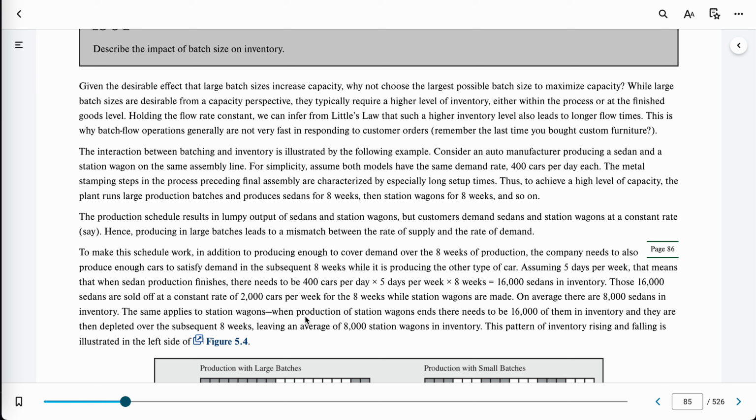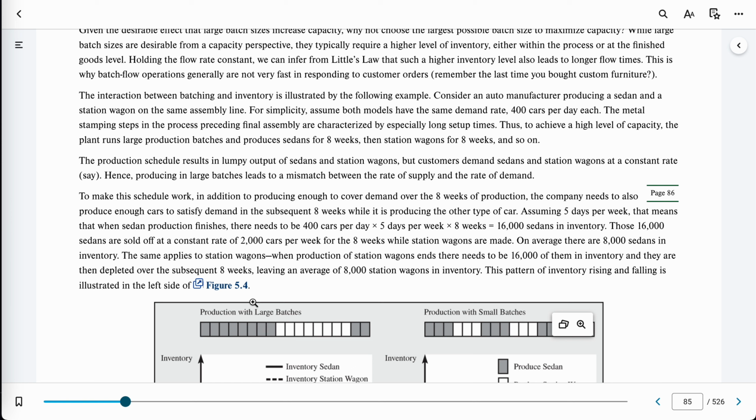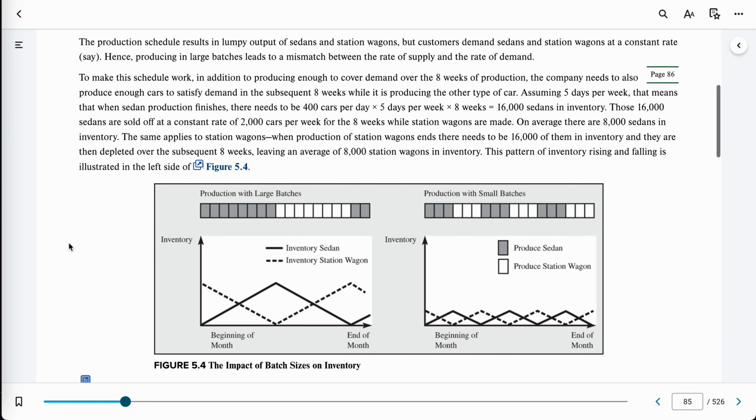If the sedans are sold off at a constant rate of 2,000 cars per week, then on average you'll be holding 8,000 sedans in inventory as you're producing station wagons, because you produce a large number of sedans to keep aside. Holding 8,000 cars in inventory is not a cheap process. There's always going to be some issue if you hold a large number of sedans in inventory.